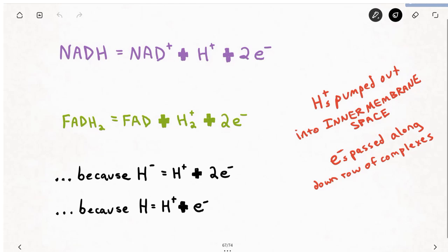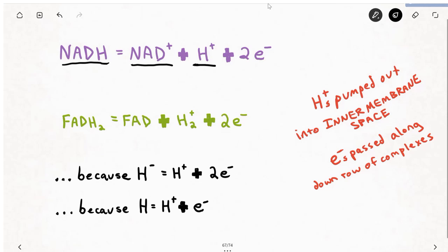Okay, so the thing you need to know, just as a quick catch up before we go into the electron transport chain, is that you need to remember NADH. If you break down the components in NADH, we have NAD plus, NAD positive, and we have a proton, which is a positive hydrogen ion, which just means the hydrogen lost its electron, so it has no electrons, it just has the one proton.